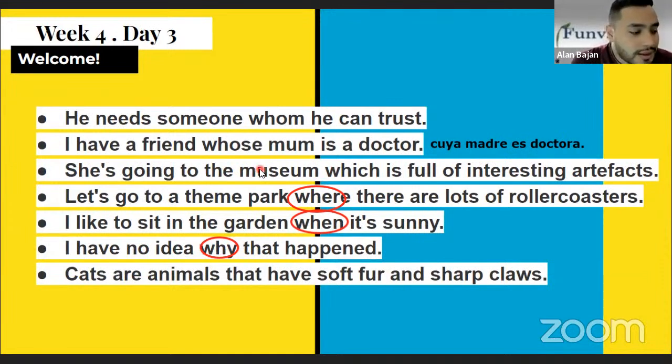I mean, the object we are talking about. Because she is the principal subject, right? She is going to the museum, but it is the museum which is full of interesting artifacts. It can be she's going to the museum which is full of paintings of Da Vinci, or she's going to the museum which is very far away.